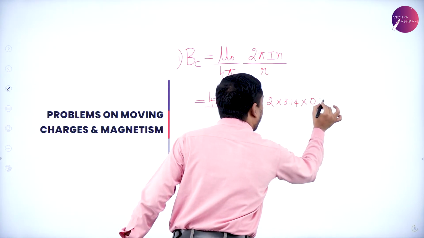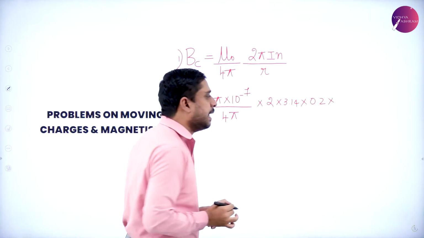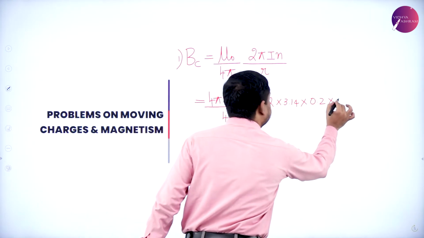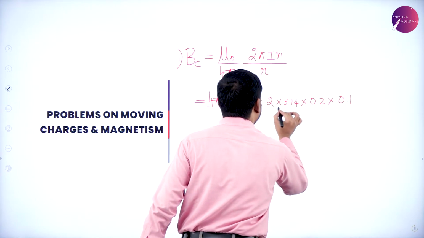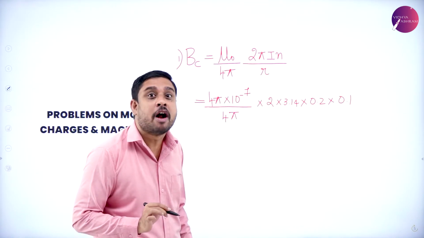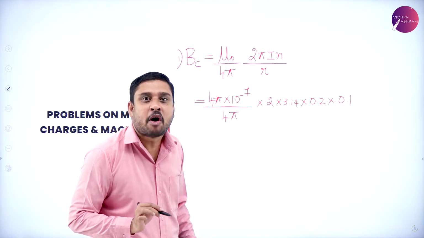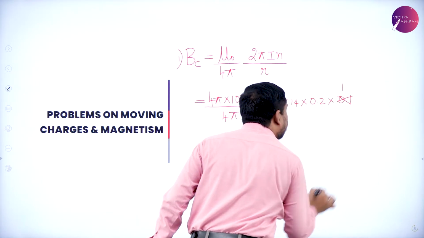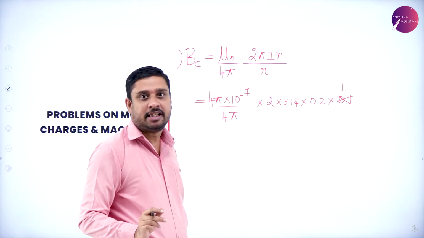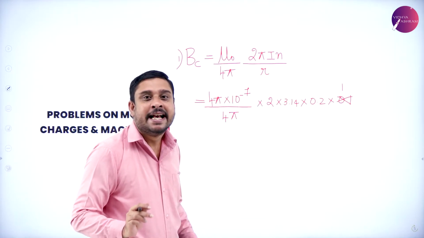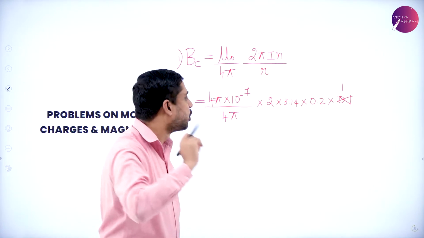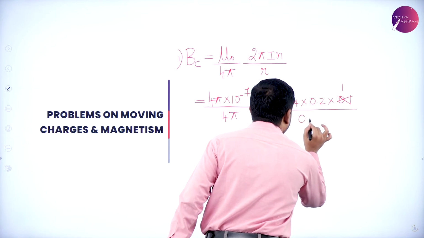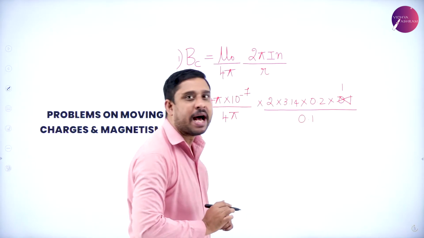Current is 2. Number of turns is not mentioned. When the number of turns is not mentioned, it means there is one turn in the coil. If N is not given, take it to be 1, divided by R, which is 0.1 meter.